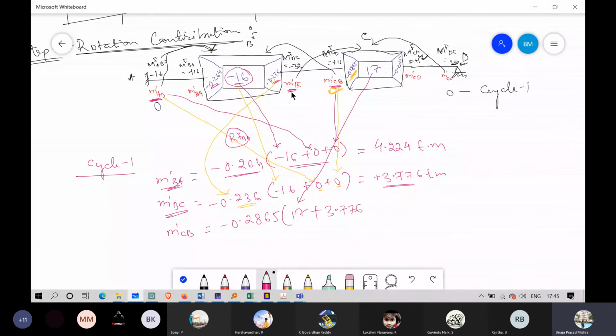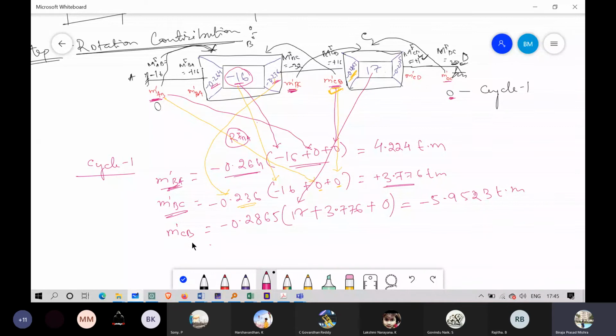M bar BC plus M bar DC is 0, no value is here in cycle 1. We are considering cycle 1, so it is 0. So the total will be minus 5.95, 5.23 ton meter.